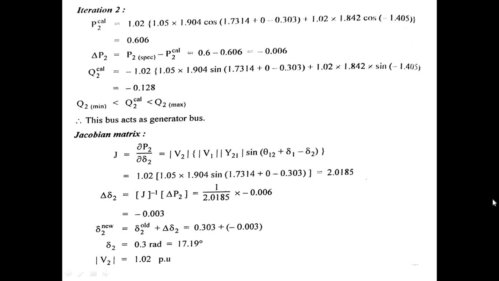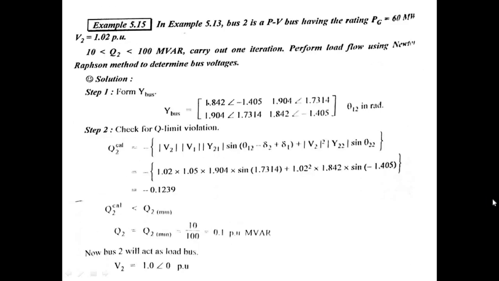Then del gamma 2 is equal to J inverse del P2 is equal to 1 divided by 2.0185 into minus 0.006, that is equal to del gamma 2 is equal to minus 0.003. Gamma 2 new is equal to old plus change in gamma 2 is equal to 0.303 plus minus 0.003, and V2 is equal to 1.02 per unit.